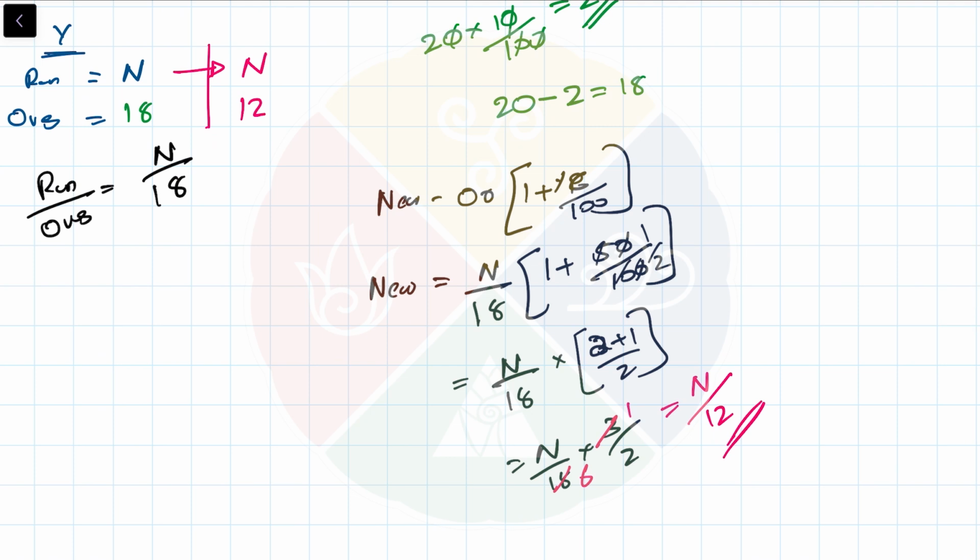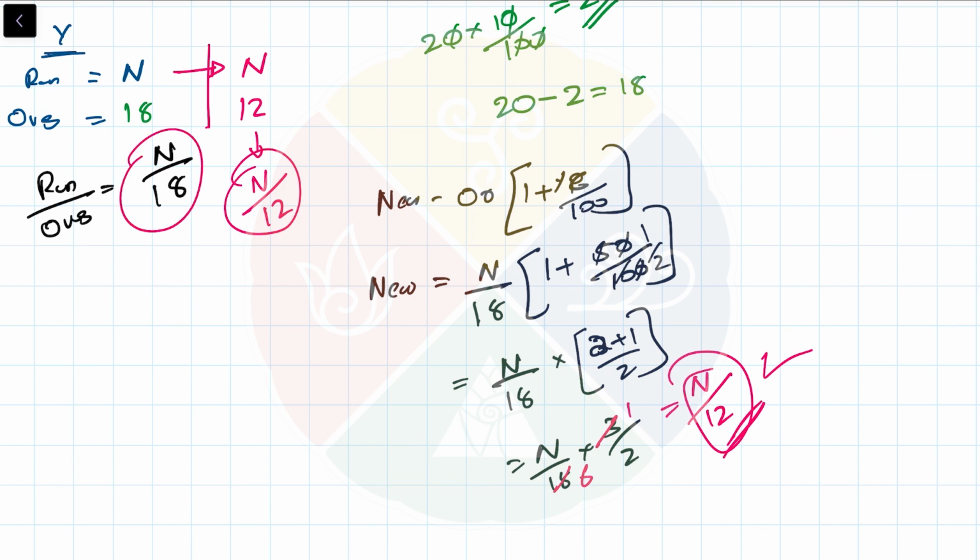But we already found that the new run rate is runs by number of overs, n by 12. That's the same value which we found here.